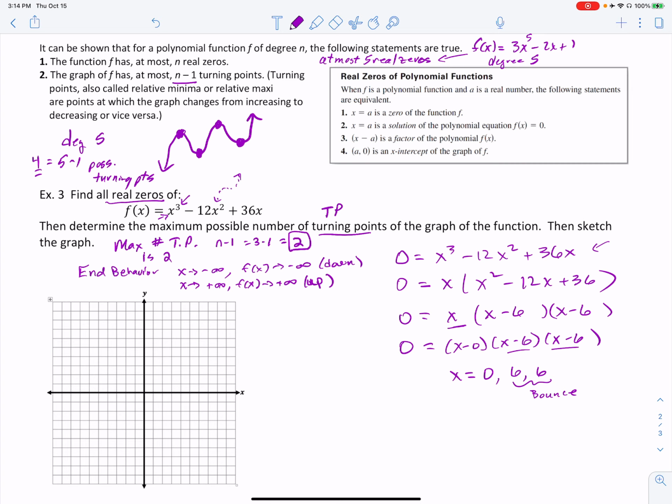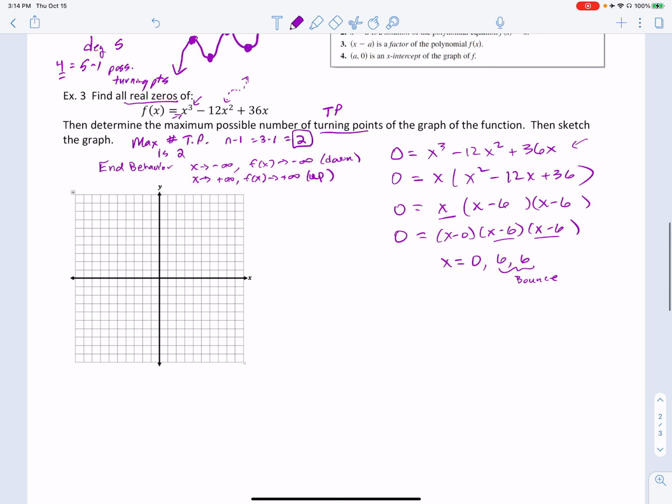So I'm just examining all these. I know zeros are at 0 and at 6, because those are x values for which they make y 0. And so as I look at this, I've got this interval of x's. What I'm going to do is what we call a sign test, and I want this on your papers. Each distance between the zeros is an interval.